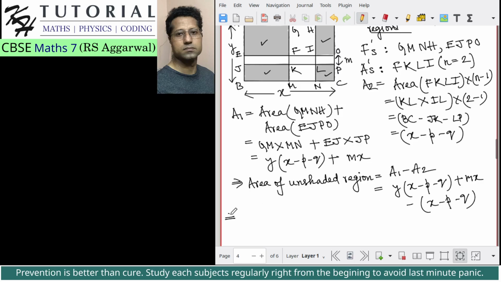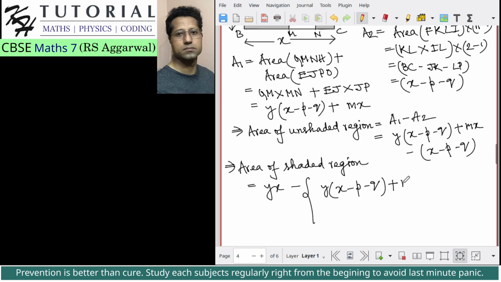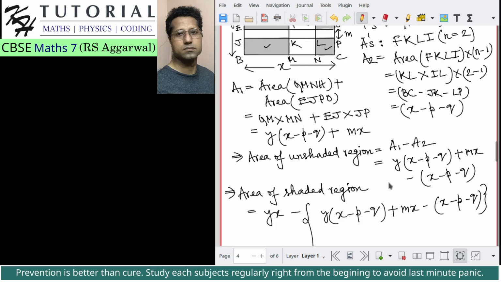So finally, the area of the shaded region will be equal to the area of the enclosing rectangle, which is YX, minus the area of the unshaded region, which is Y into (X minus P minus Q) plus MX minus (X minus P minus Q). So this is finally the area of the shaded region.